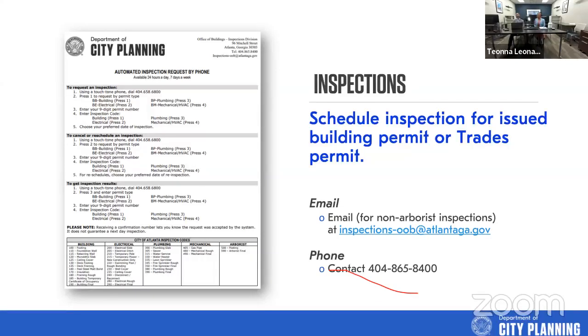I will add that although we don't follow behind third-party inspectors, we do conduct audits and random inspections of the inspections. Once a third-party inspector has conducted an inspection, they must submit that report to our office. There's an email address dedicated strictly for that.